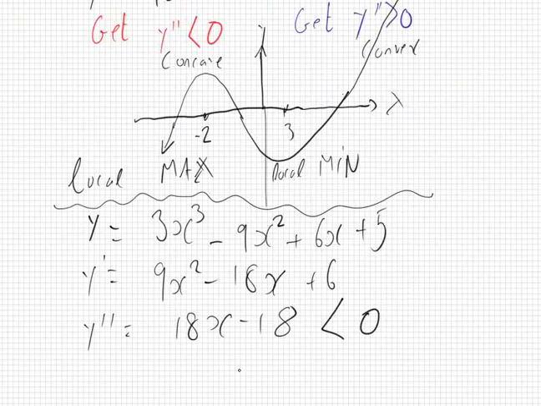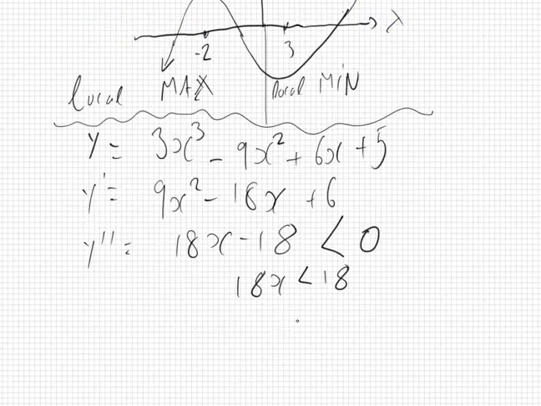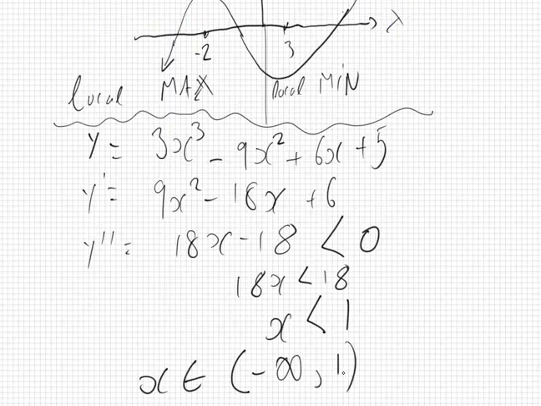So what does that make for x? 18x must be less than 18, so x must be less than 1. Or in other words, if I write less than 1, what's that interval from where to where? Not infinity, but rather minus infinity to 1. So in this part of the graph, it'll be a cave shape. Well, that's what the next point I'm going to get onto will be.